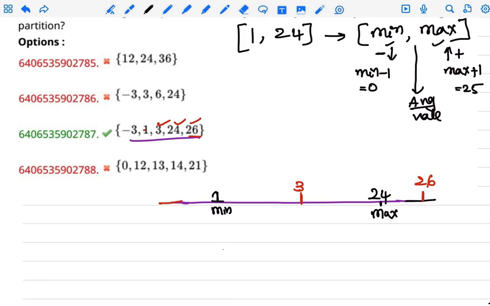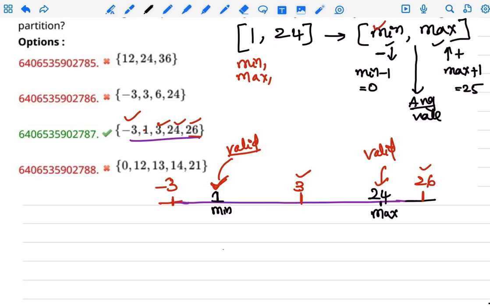The next has 1, 24, 3 and minus 3. So they added minimum, maximum, valid. 3 between the minimum and maximum is the average value, so 3 is also a valid region, the nominal value.